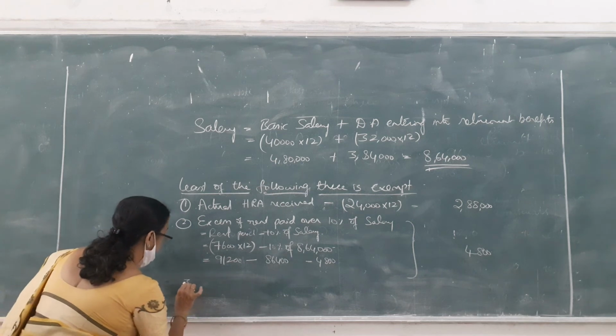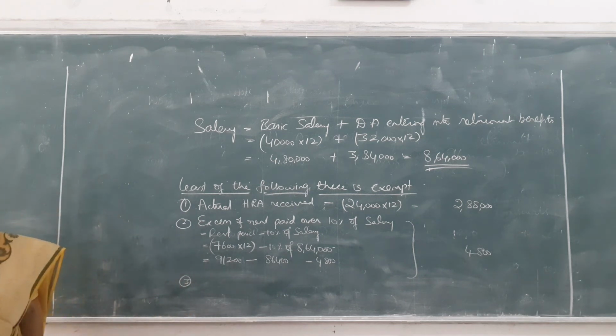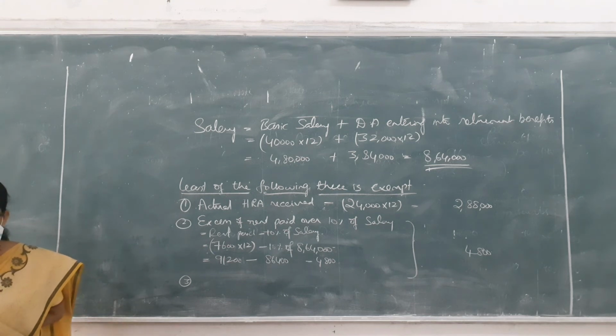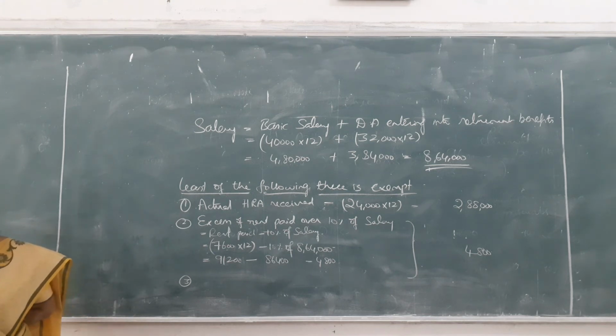Now the next one: whether we have to take 40% of the salary or 50% of salary. Why is it 40%? The house is not in a metropolitan city.